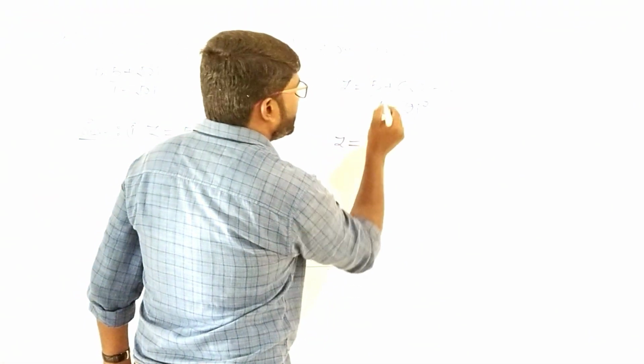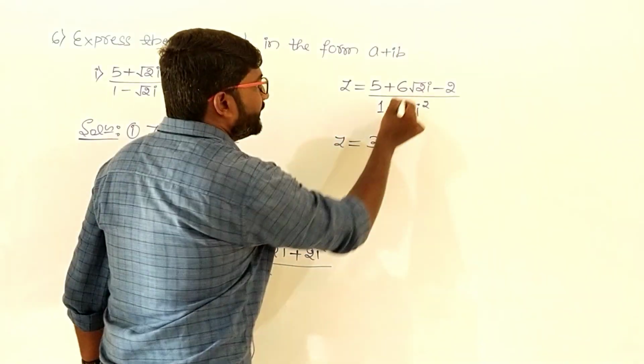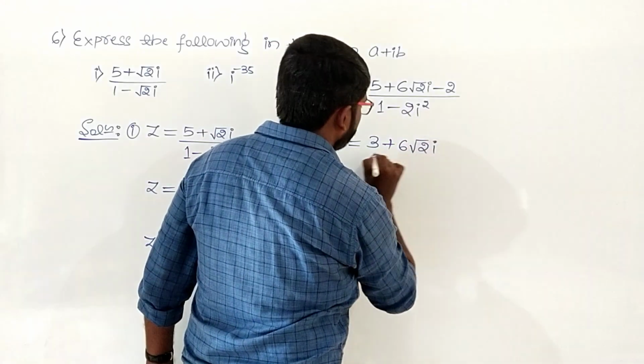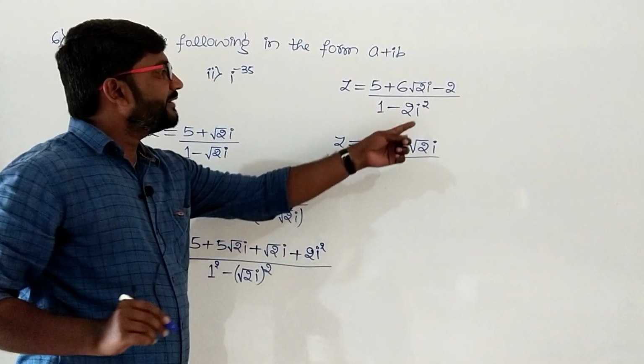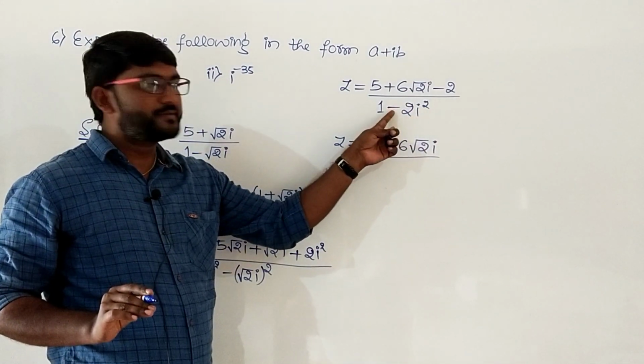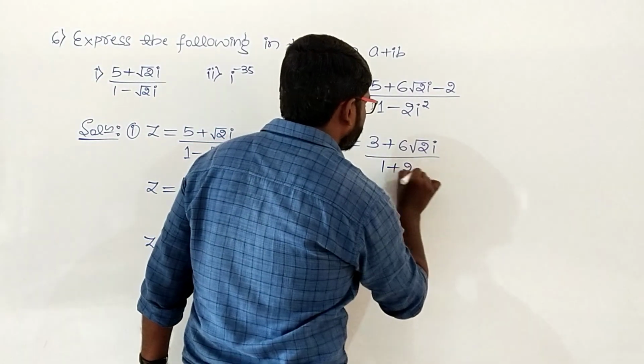Z is equal to, now see, 5 minus 2 is 3, plus, write this as it is now, 6 root 2i, divided by what is the value of I square? I square is -1. Minus into minus becomes plus here, so 1 plus 2 is the denominator. So we get 1 plus 2.